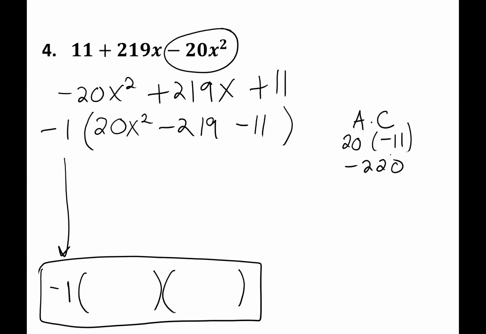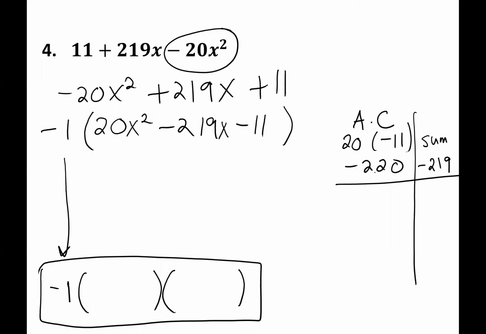Now, before I make a big long list of factors of -220, let me show you. The sum that we want, that middle term, should be x there, sorry. That middle term is -219.